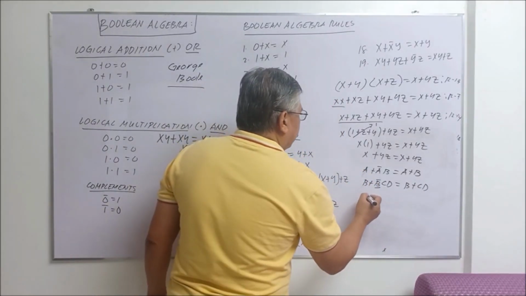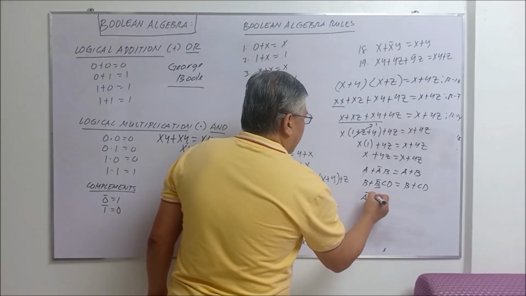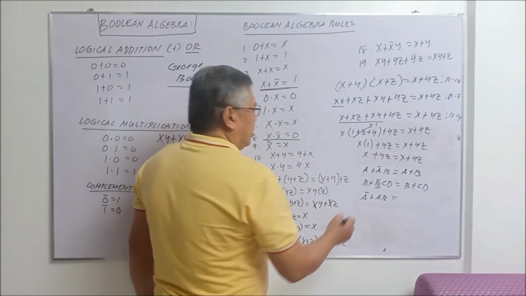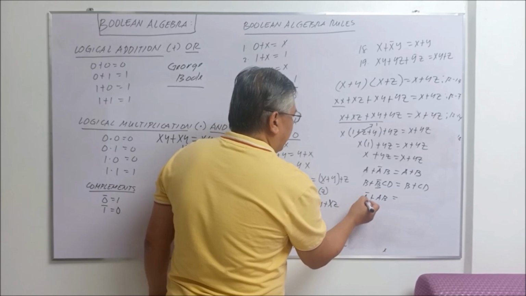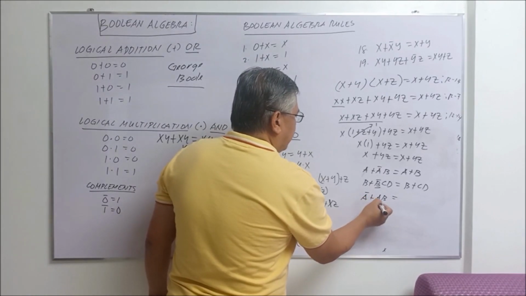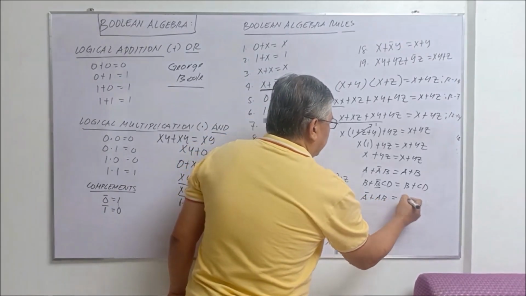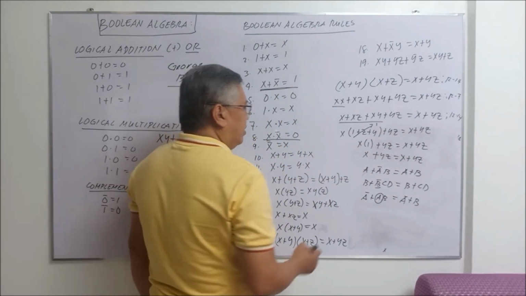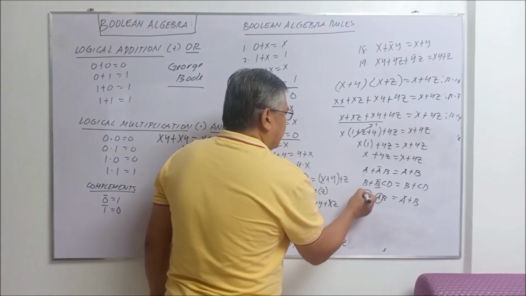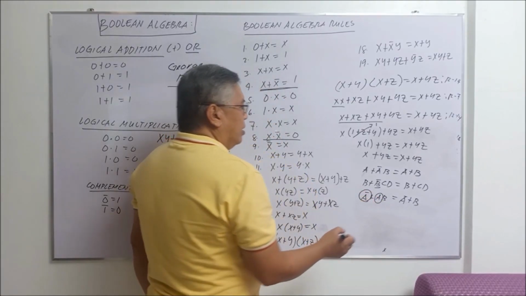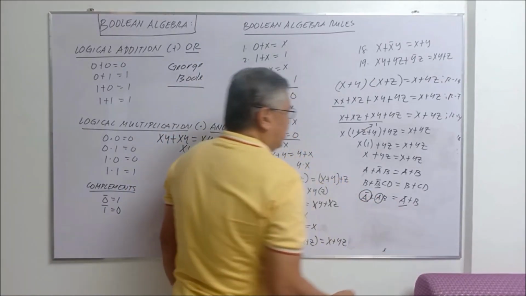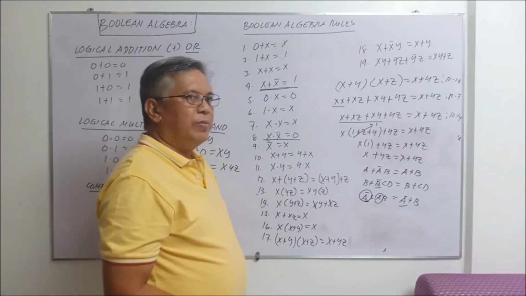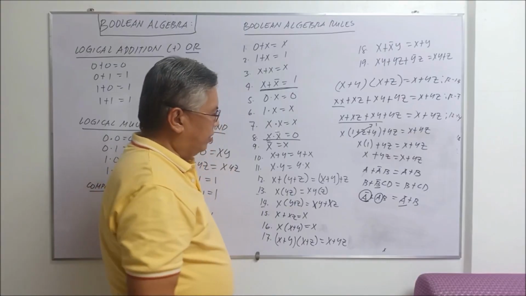How about if you have a bar plus ab? So what's the answer? So the single variable here is a bar, and the complement of a bar is a. So a bar plus b. So this one here will be eliminated. No? So you have to base the remaining variables on the first or the single variable in that particular equation.